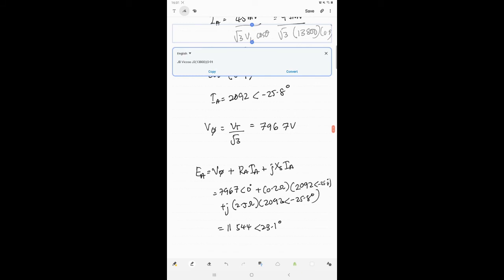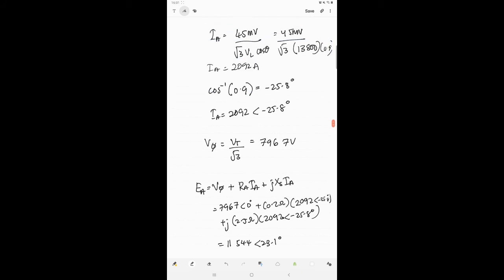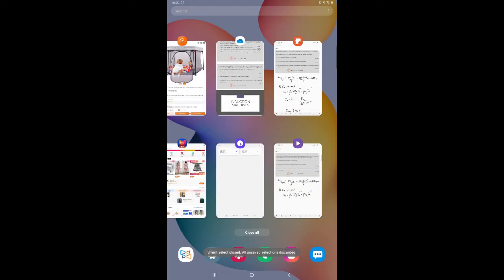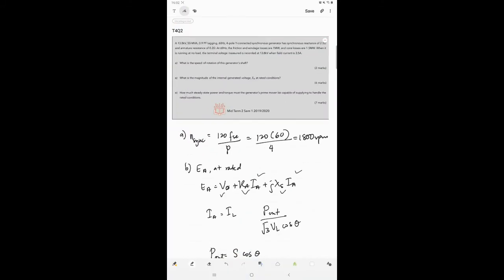The last question is, how much steady state power and torque must the generator's prime mover be capable of supplying to handle the rated condition? This is quite a lot of marks, 7 marks. We need to find out first how much power is in each component of the power flow.